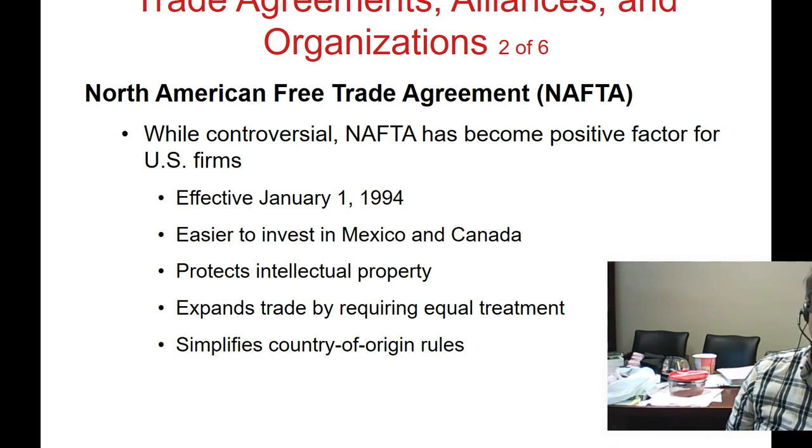Oftentimes what it does is provide special lower tariffs or no tariffs on certain goods sold by people who are influential with the government. One example of this would be Koch Industries. They make pipes, and they lobbied for very low to no tariffs on pipes that fit a certain specification.